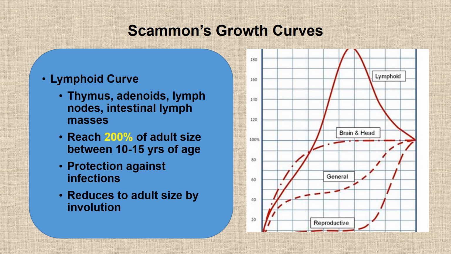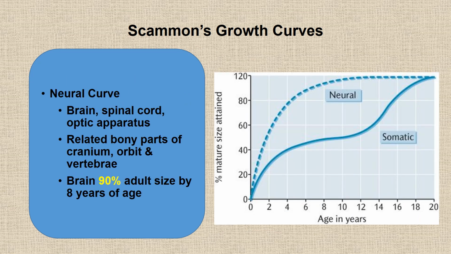The lymphoid curve involves the thymus, adenoids, lymph nodes, and intestinal lymph vessels. The lymphoid curve reaches 200% of the adult size between the ages of 10 to 15 years. This is required as a protection against infections. After this, it reduces to the adult size by involution.